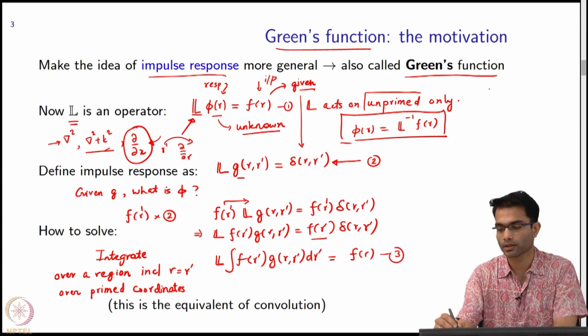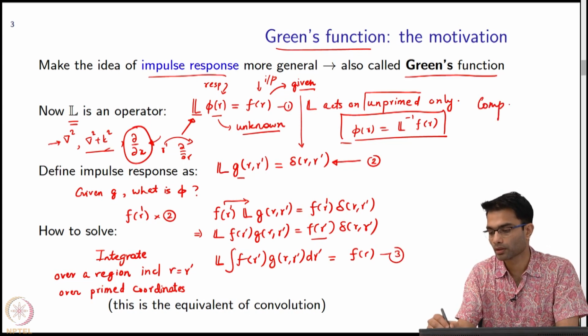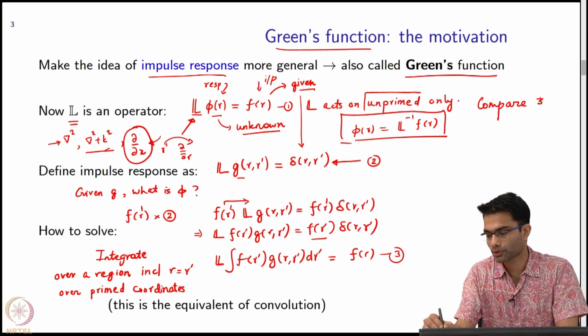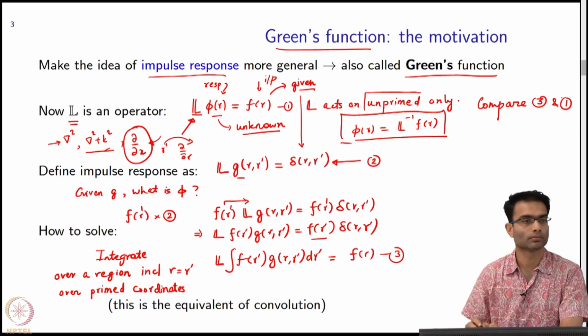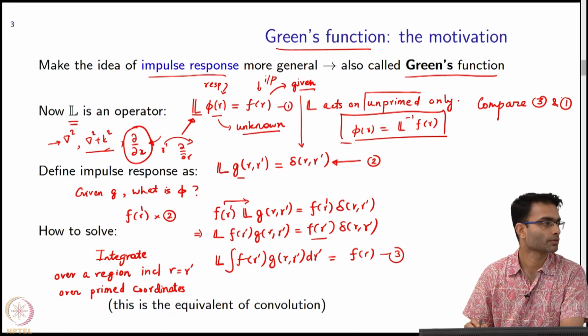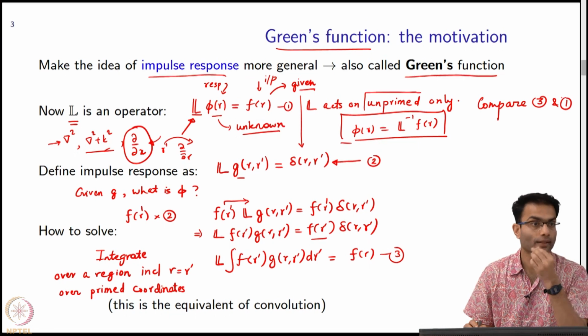So compare 3 and 1. What is the right hand side of these two equations? This is the same, f of r, f of r. What is the left hand side? L acting on something, L acting on something.